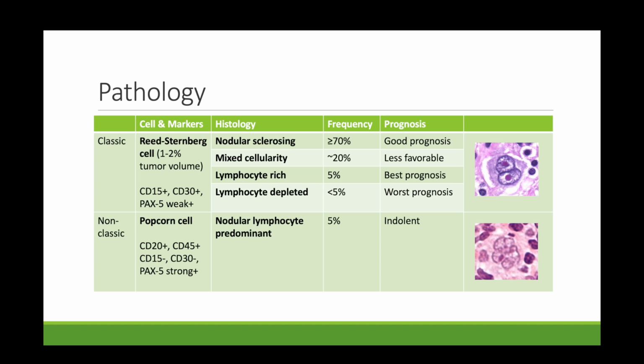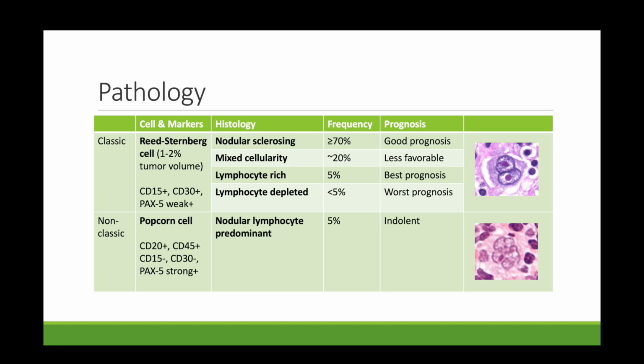And then historically, nodular lymphocyte predominant Hodgkin lymphoma was classified as a non-classic Hodgkin lymphoma, but it's now being reclassified as a nodular lymphocyte predominant B-cell lymphoma. And indeed, it does have very indolent behavior. It behaves like an indolent low-grade B-cell lymphoma, hence the reclassification. The pathognomonic finding for the nodular lymphocyte predominant subtype is that popcorn cell.